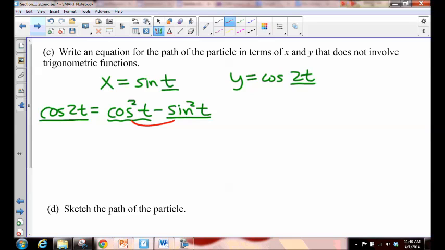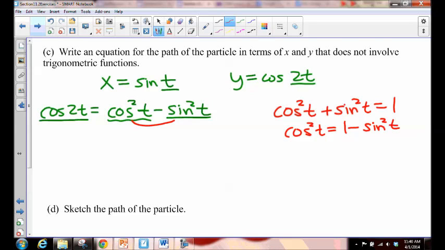Well, everybody's favorite trig identity is cosine squared t plus sine squared t is equal to 1, which means I can say that cosine squared t is going to be 1 minus sine squared t. And I can substitute in.